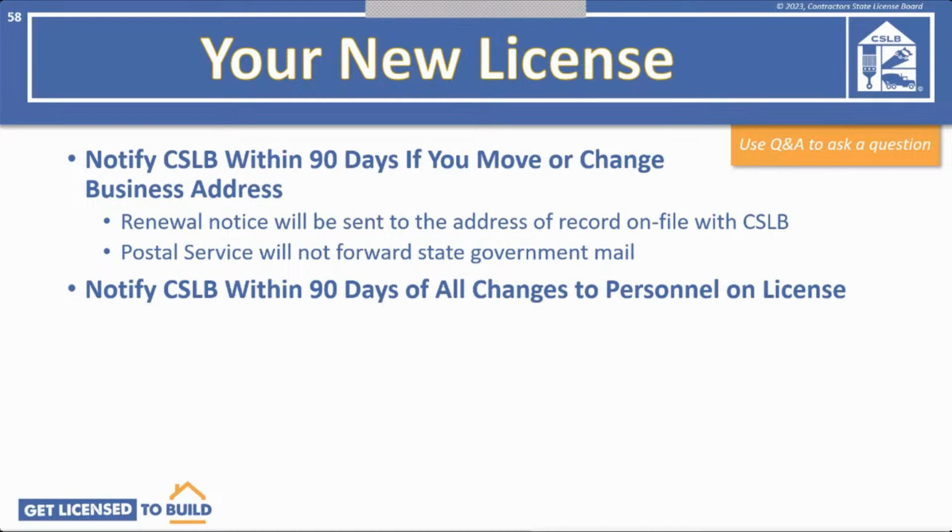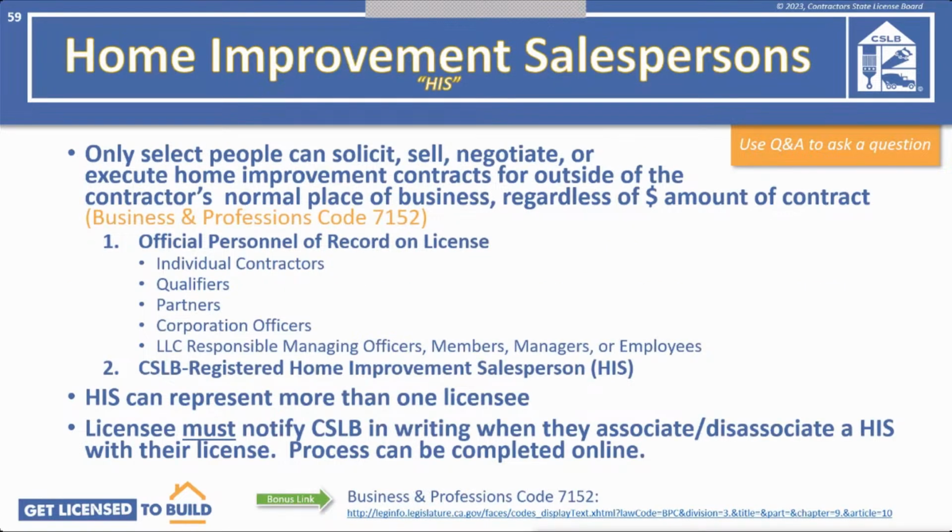Without an HIS, the official personnel of record on a license are the only ones who can solicit, sell, negotiate, or execute a contract. That includes individual contractors, licensed qualifiers, partners, corporation officers, and LLC responsible managing officers, members, managers, or employees. An HIS can work for more than one contractor.